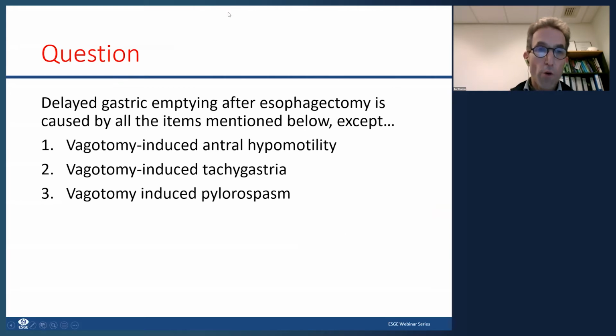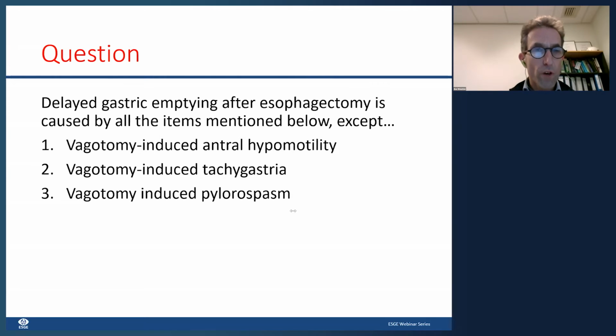And I have a question for you, Paul. Delayed gastric emptying after esophagectomy is caused by all the items mentioned below, except one of these. So 2 of these do cause delayed gastric emptying, and the other one not.